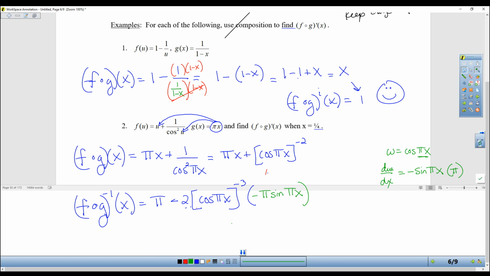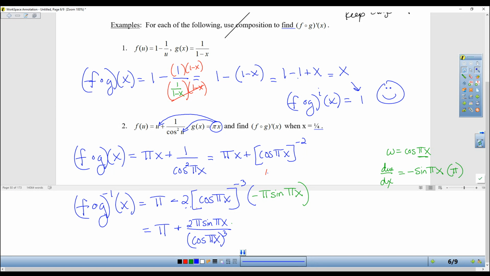But when it's stuck in a bigger problem, people tend to forget it. All right, final answer, pi. Now the negative and the negative will make a positive, plus 2 pi sine pi x over cosine of pi x cubed. Or you can put the 3 next to the cosine.